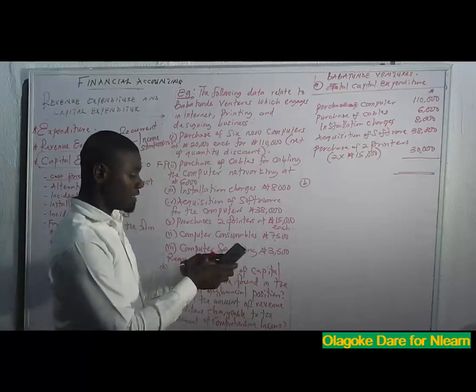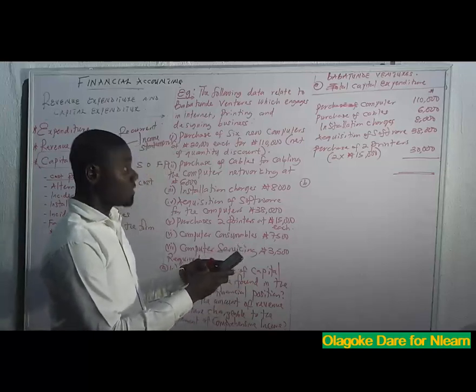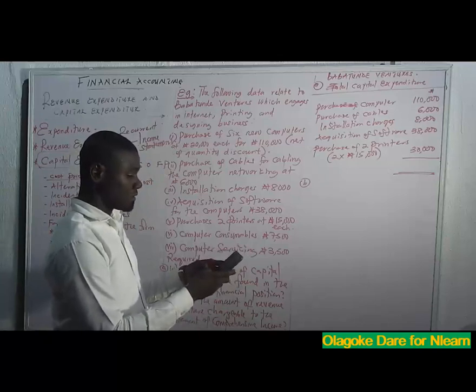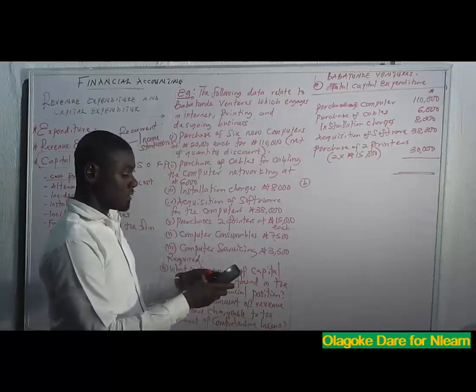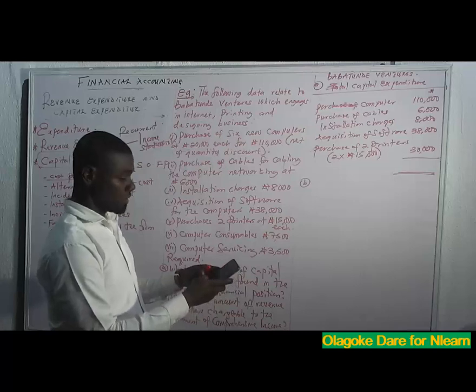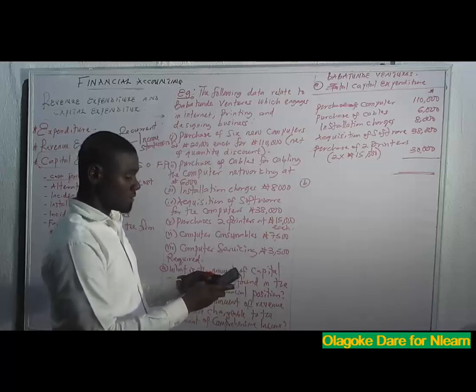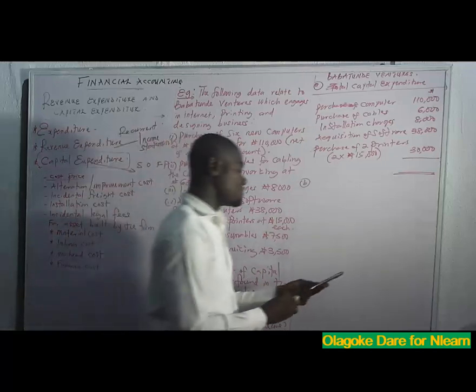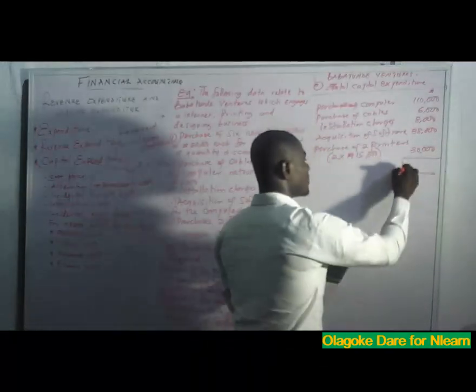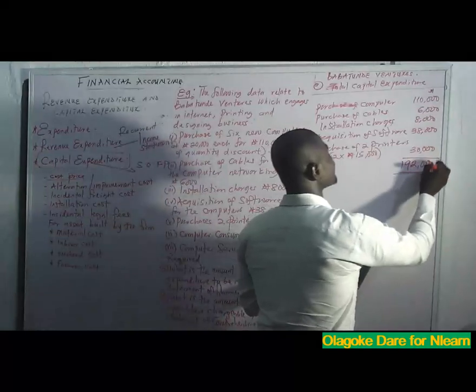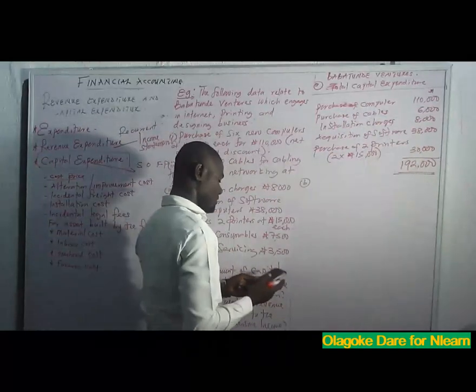So we have 110,000 plus 6,000 plus 8,000 plus 38,000 plus 30,000, which is 192,000 as our total capital expenditure.